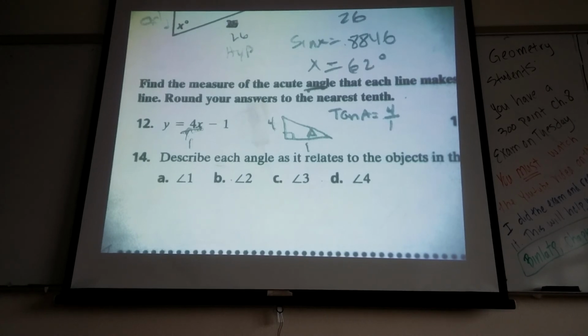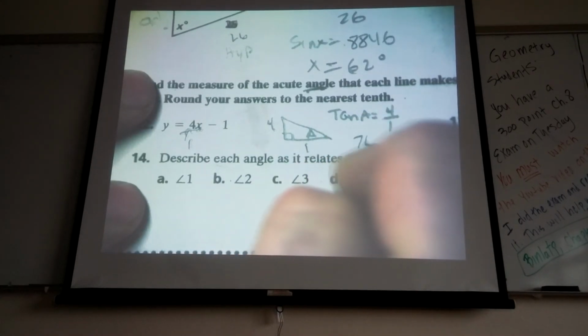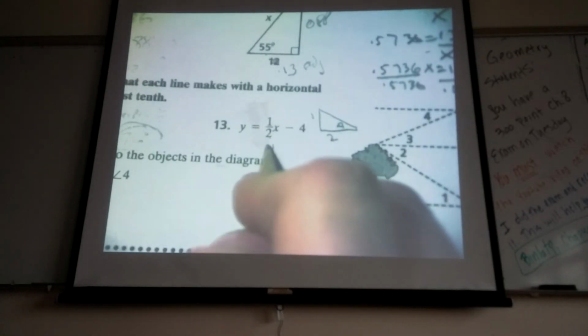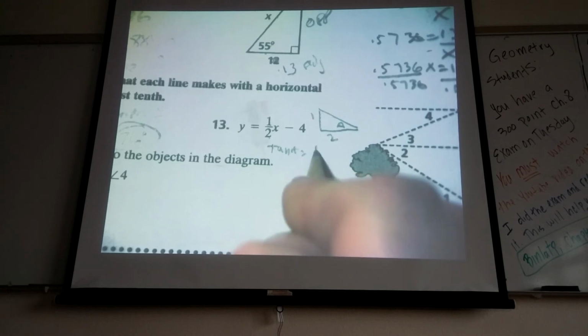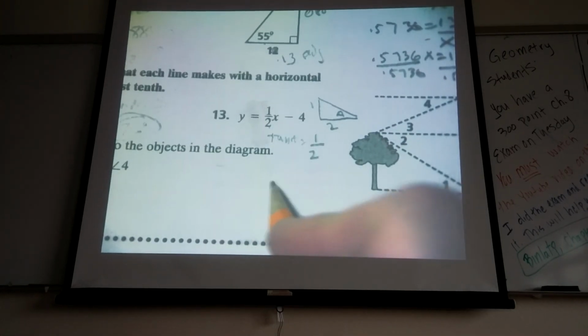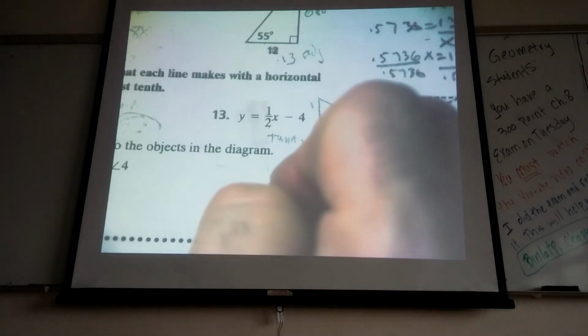So 4. So I look at the tangent. What's the tangent of 4? 76 degrees. I look here. Tangent of A equals opposite over adjacent, 1/2. What's the tangent? I'm looking at a tangent of 0.5. Tangent of 0.5 is 27 degrees.